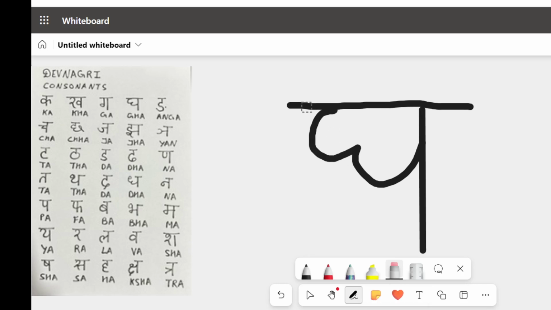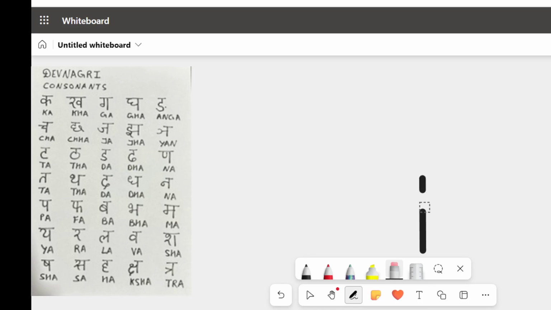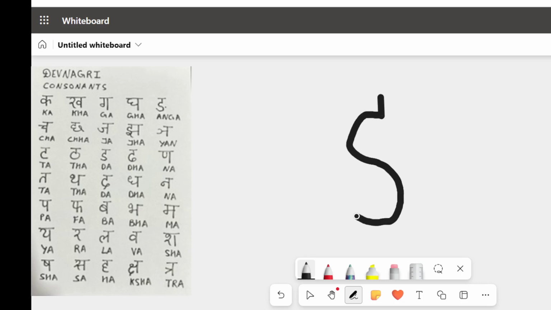Moving on to the next letter that we have in the row. This letter is Anga. To write this one, we start with a small line, then something like an S is drawn here, then a dot is put in front of it, and a line on top.